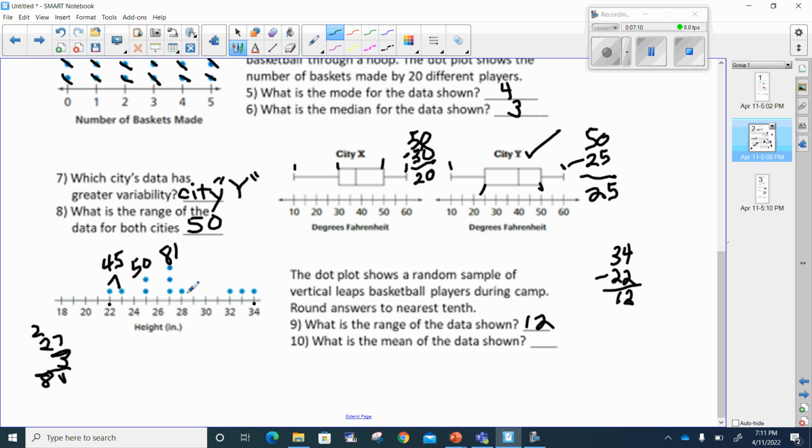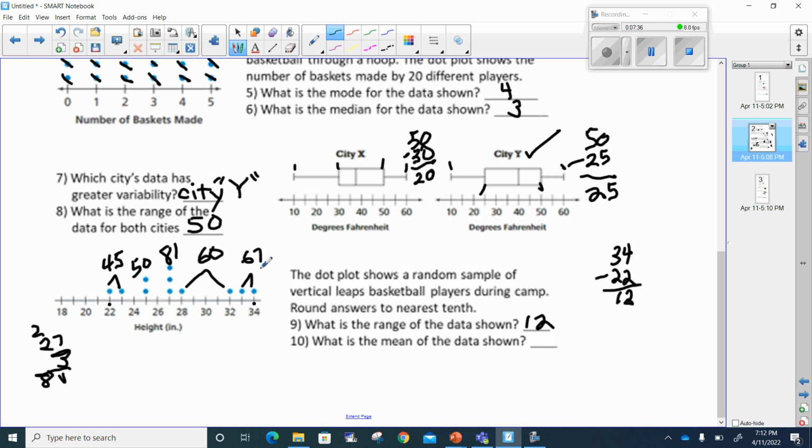We got 28 and 32. I know 2 and 8 make 10, so together these will make 60. And then we have 33 and 34, and of course that will make 67.